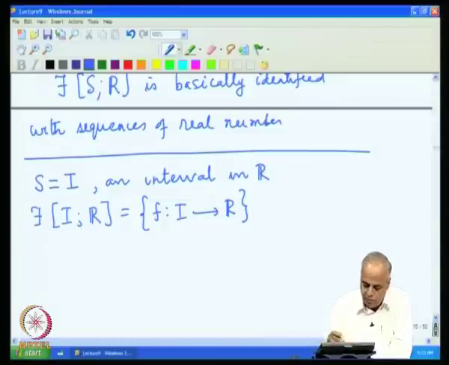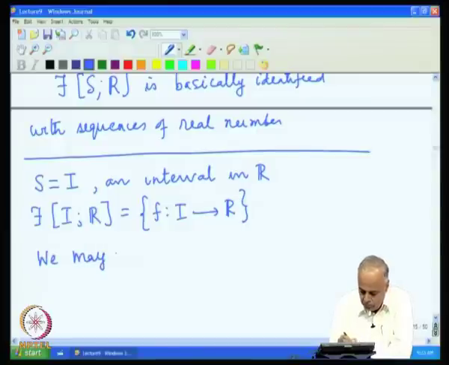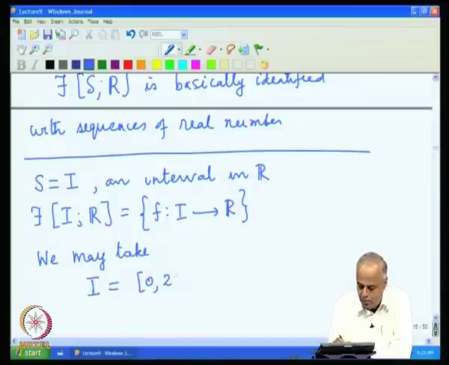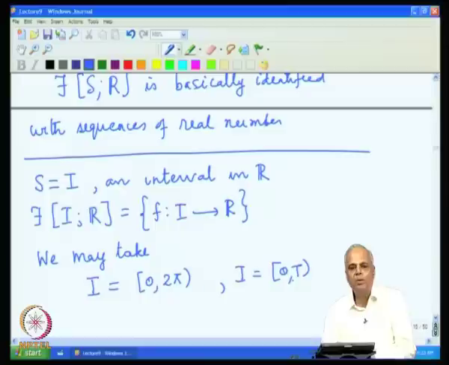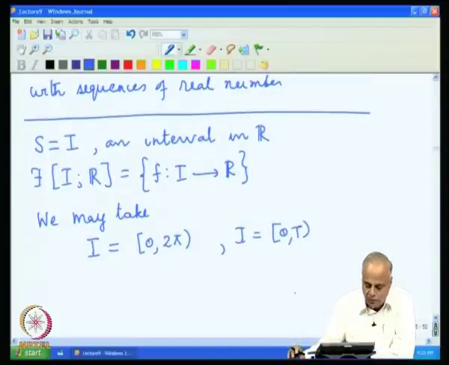Now, for example, we may take I to be the interval, for example, 0 to pi or I to be 0 to infinity. These are the types of functions we will be looking at when we talk about periodic functions and Fourier series.